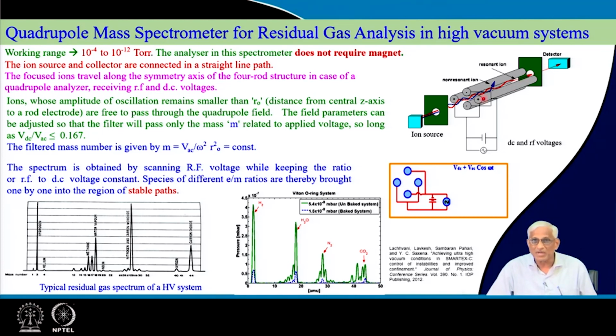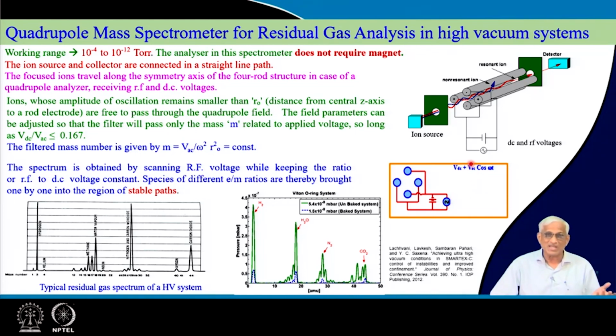Stable means, when these ion particles are coming here, there is an RF voltage which is oscillatory. So ions will oscillate. Smaller ions will oscillate; bigger ions will be connected to the DC field and RF field, and they may be very sluggish.